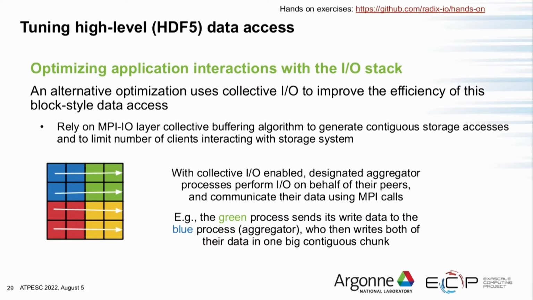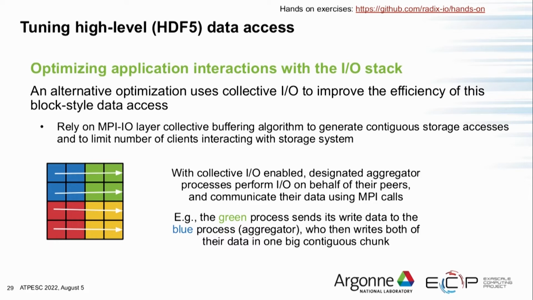An alternative optimization that doesn't have anything to do with chunking is collective I/O, which we've heard a lot about. In this case, instead of using chunking, we'll use collective I/O to see how that affects the performance. Again, this is just repeating stuff that we've heard from Rob L. and from other speakers today, but MPIO is really smart about how it chooses different parameters related to collective buffering and things like that.